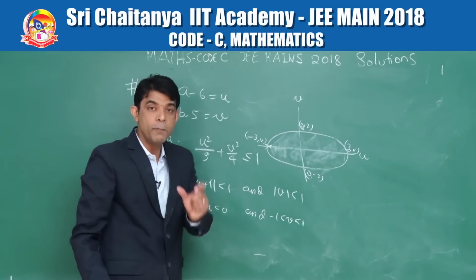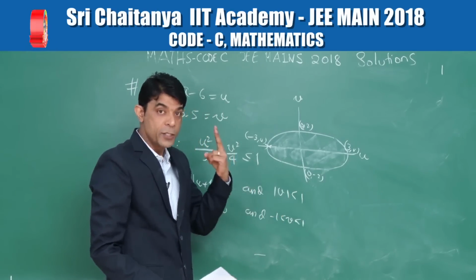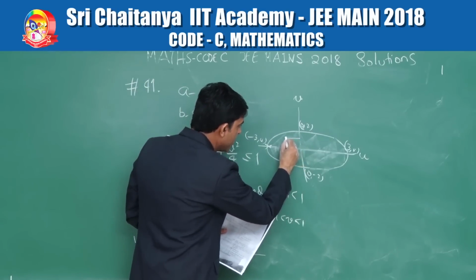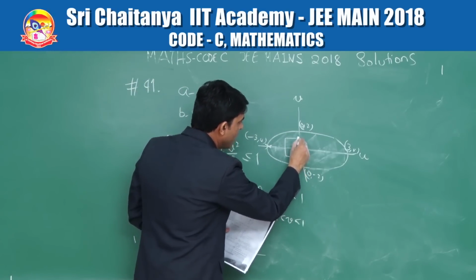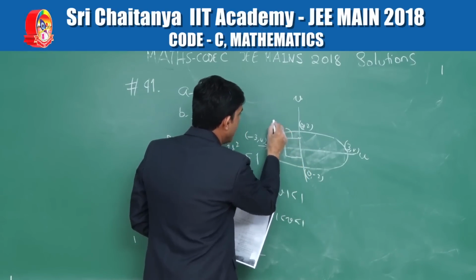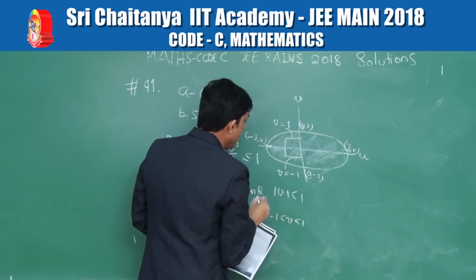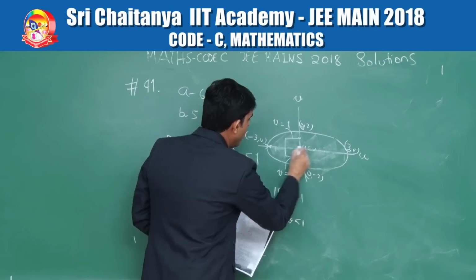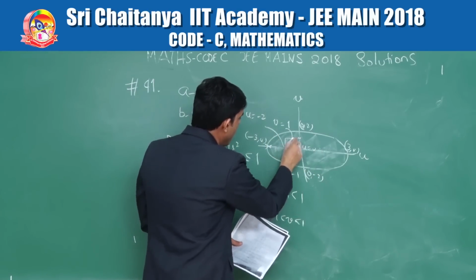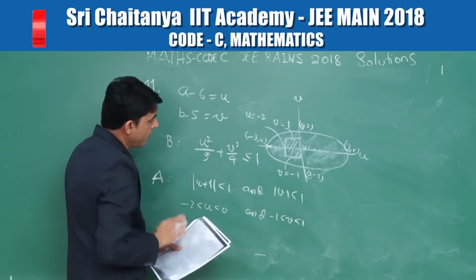So in the UV plane, that happens to be a square of side length 2, and we can plot it this way, that this is one square, which we can see lies entirely inside. So this line is, say, V equal to 1, that is V equal to minus 1, and this is U equal to 0, and that's U equal to minus 2.